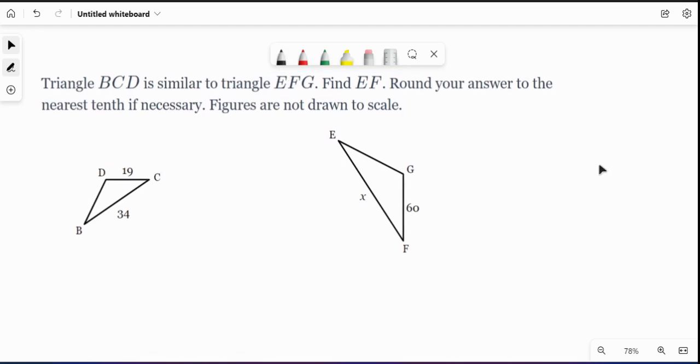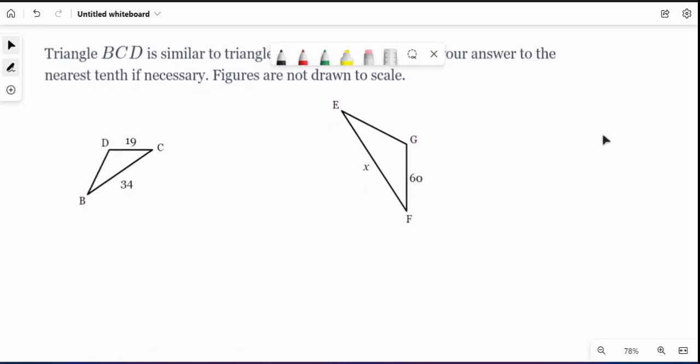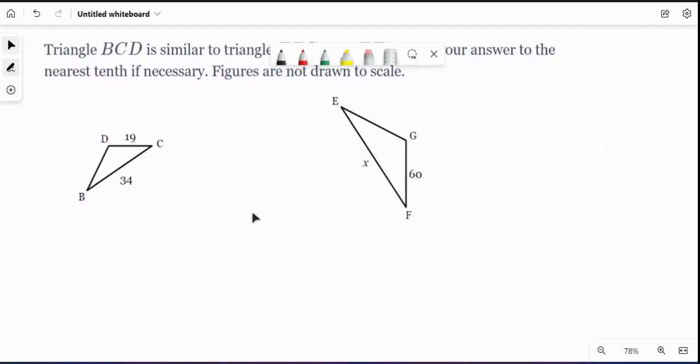So if you just kind of picture this rotation all the way to here, that's how this would work. I want to make sure I have enough room for my proportion. I'm going to start with DC, just start with the smaller triangle first, 19 over 34. So DC over CB is going to form a proportion.